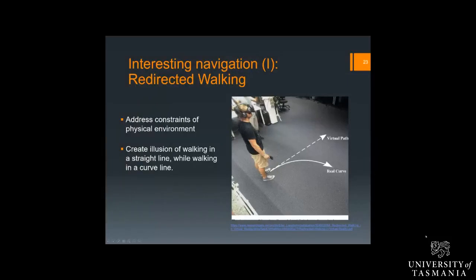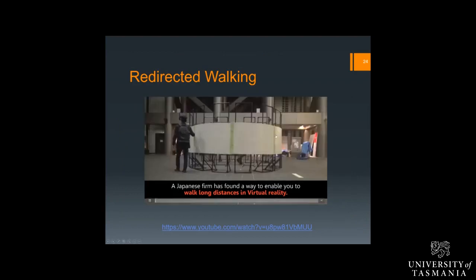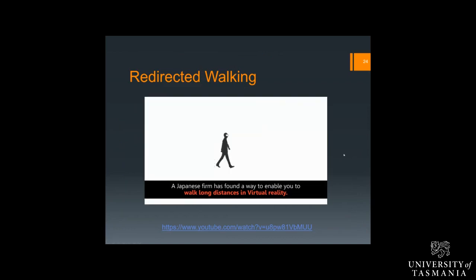Essentially, you think you are walking straight, but in reality, you are slowly rotating. Here is an example. This person thinks he is walking straight, but he is actually walking in a circle.